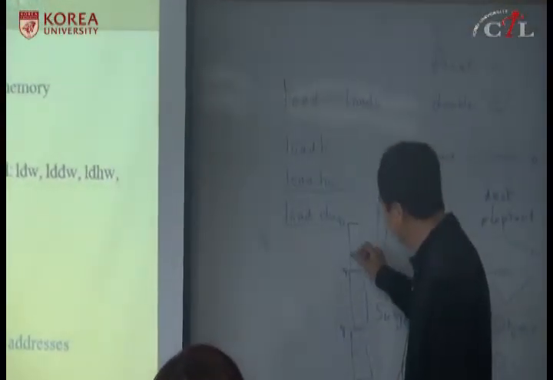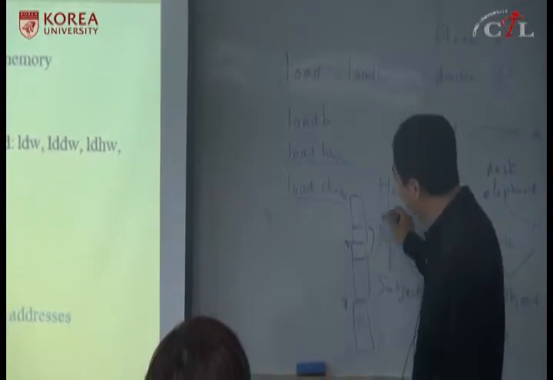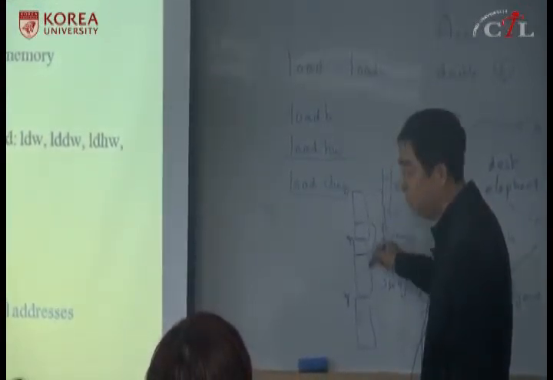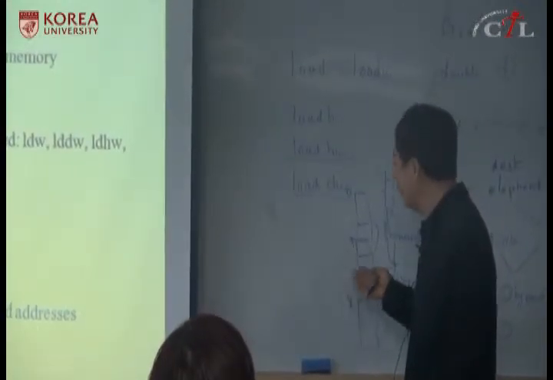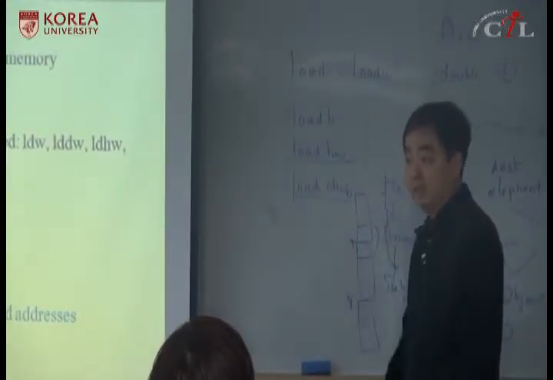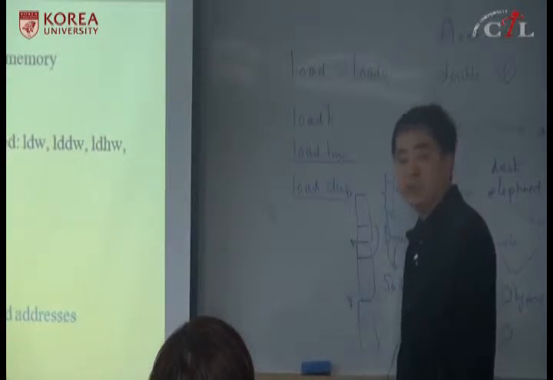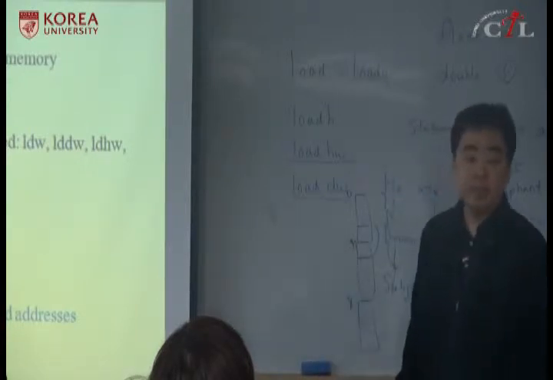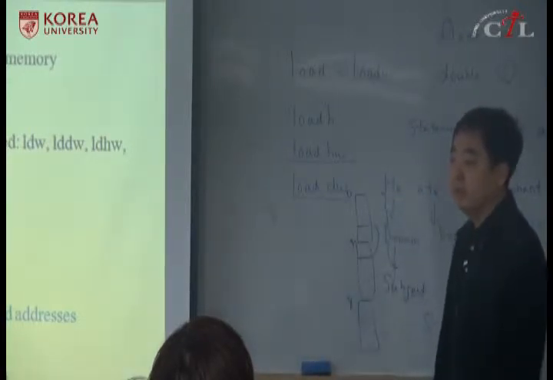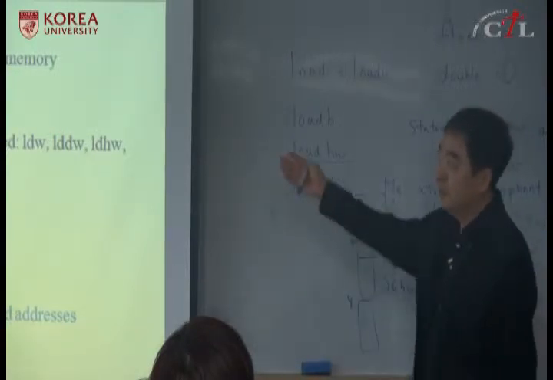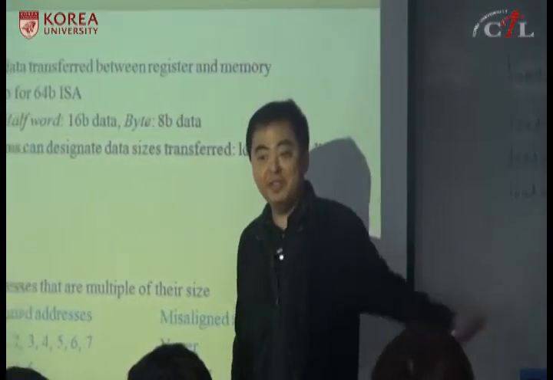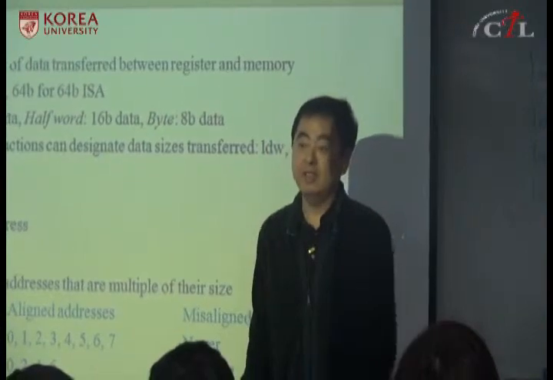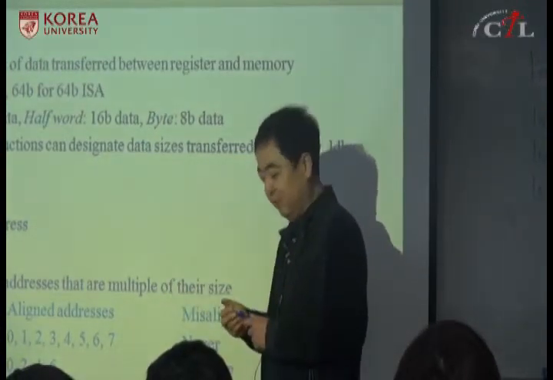But if you're trying to reference a misaligned object, it usually involves copying the two words and extracting. It runs slower, or some machines don't allow this kind of misaligned reference. It generates a fault and actually terminates the program. It depends on the instruction set architecture. So when you do debugging for your first project, you will see all these objects are aligned at their natural boundary. Okay?